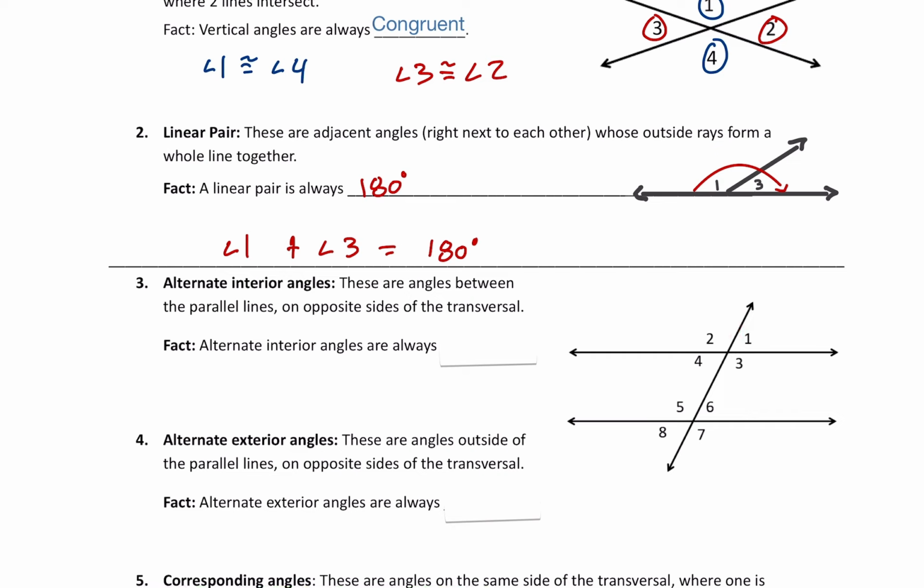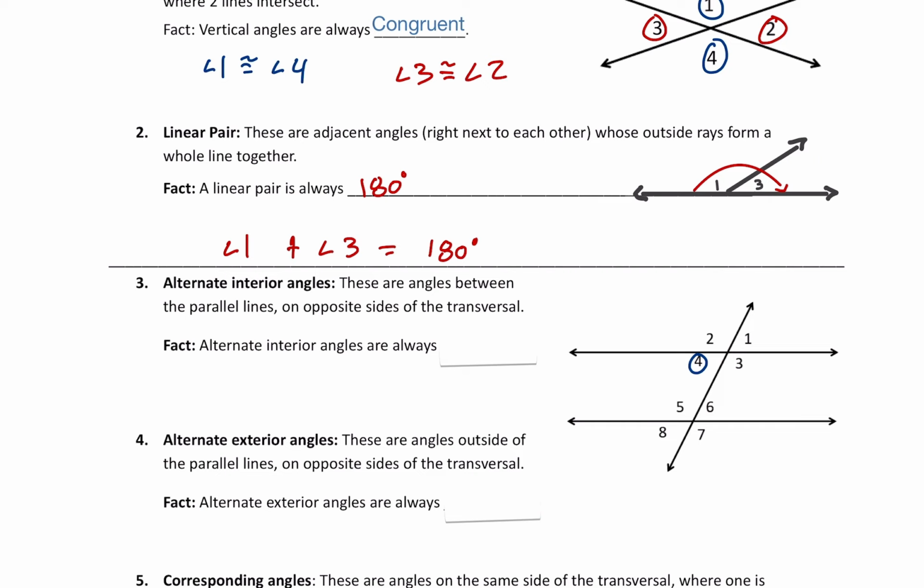So alternate interior angles says that they're inside of the parallel lines and they're on opposite sides of the transversal. Well, if I'm looking at angle 4 here, I have to figure out what its alternate interior angle is. I can't choose it to be angle 3, because that makes this a linear pair, which is not what I'm looking for.